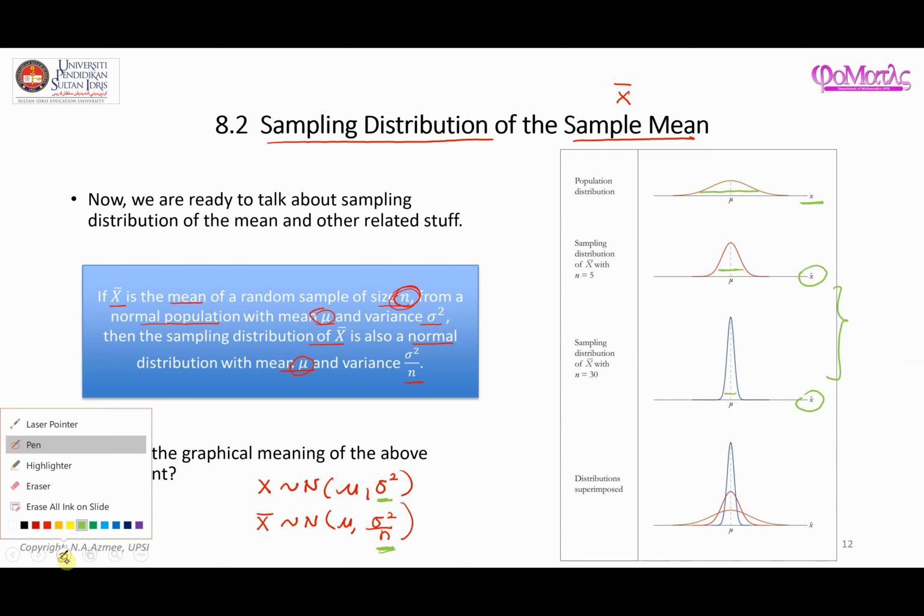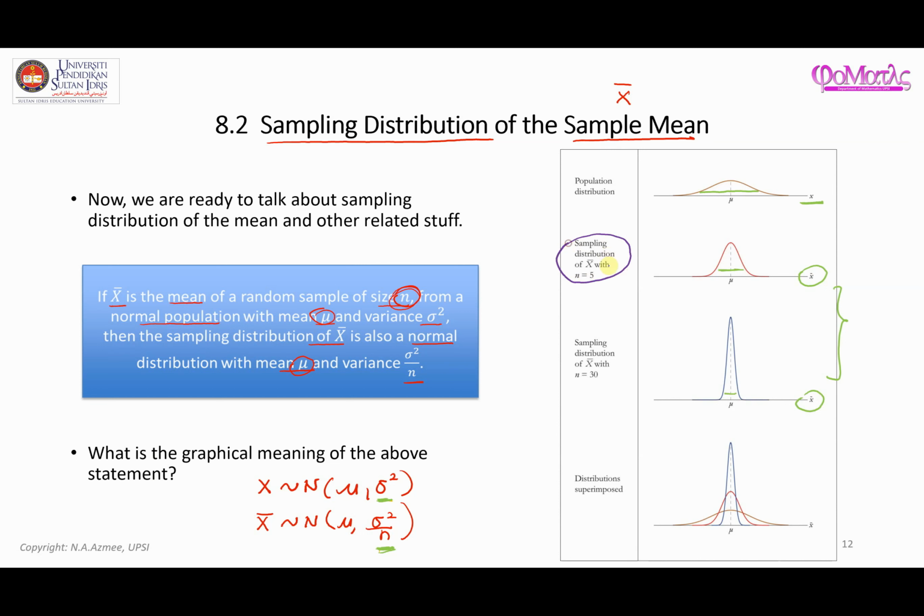Also, if you take a sample size that is larger, then the variance is going to be smaller for that distribution. So for example, this is the sampling distribution when you consider taking a random sample of size n equals 5, and therefore you can see this is the spread of the results, which is larger than this one.